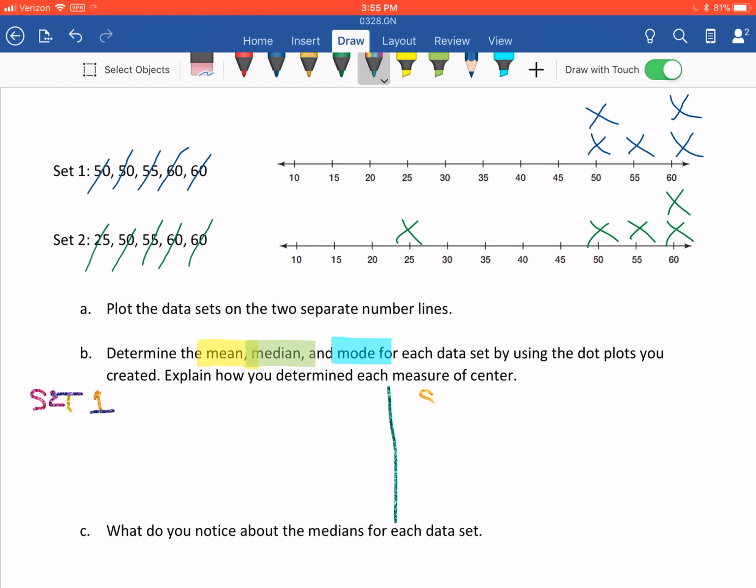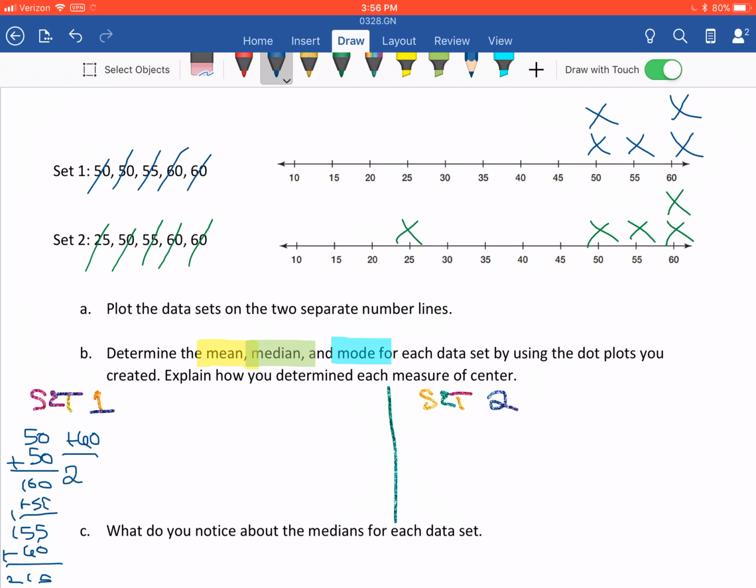So first I need to determine the mean. I'm going to determine that mean by adding all of those numbers up. So I have 50 plus 50 gives me 100, plus 55 gives me 155, plus 60 plus another 60, I'm running out of space, plus another 60 is going to give me 275.